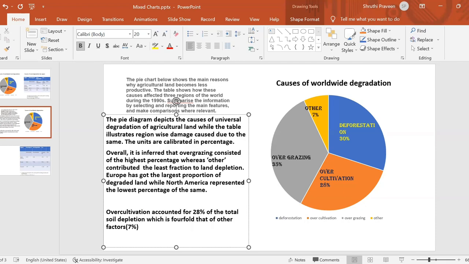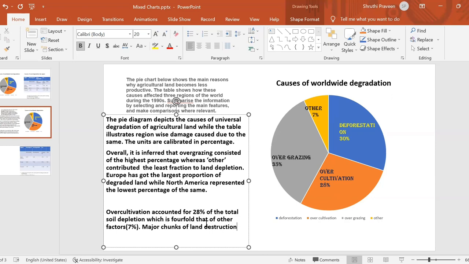Now, full stop. Major chunks, 35 and 30%, they are both major chunks of the total depletion. So 30 and 35 form major chunks compared to 7 and 28. Major chunks of land. I'm going to use the word destruction here because I'm tired of using degradation and depletion.